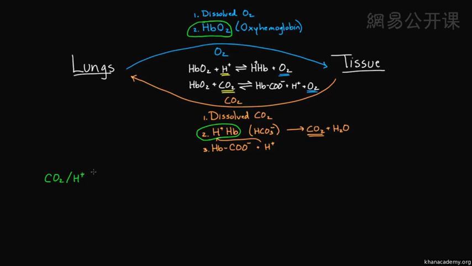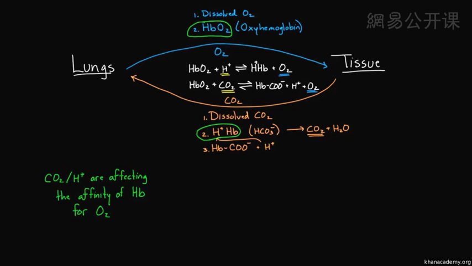I could say these two, carbon dioxide and protons, are affecting the affinity, or the willingness, of hemoglobin for oxygen, right? That's one statement you could make by looking at that competition.